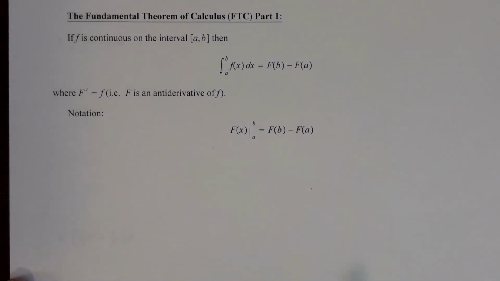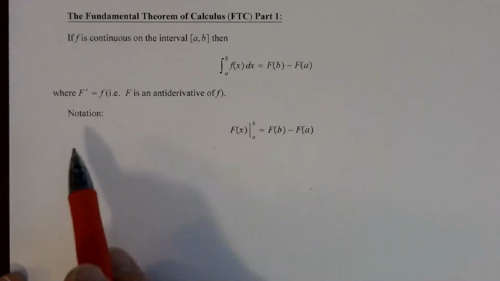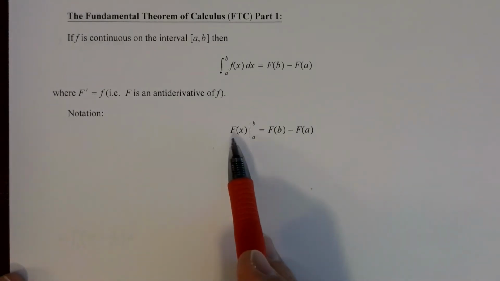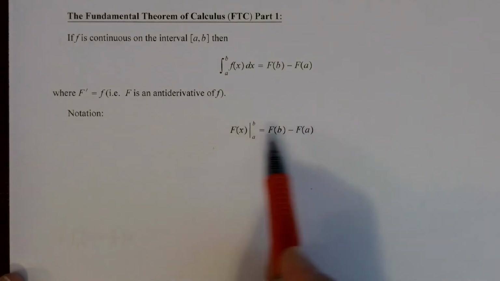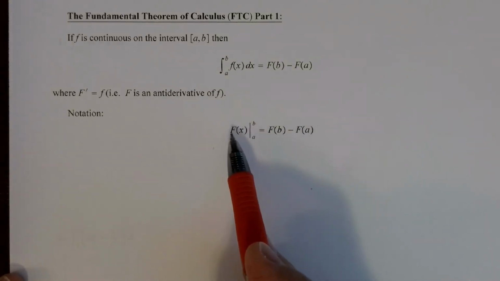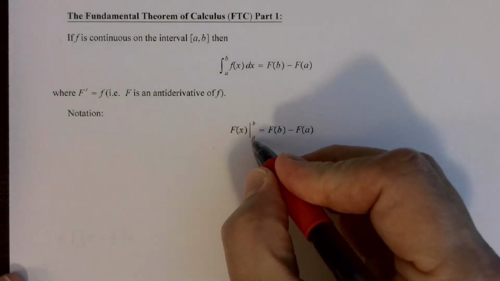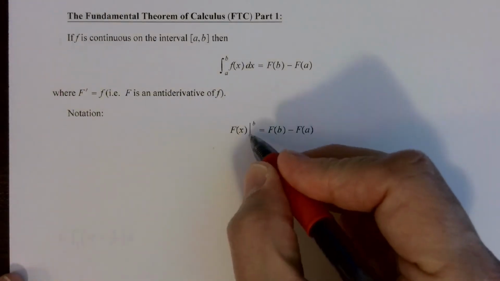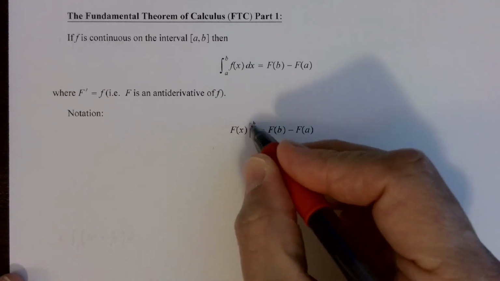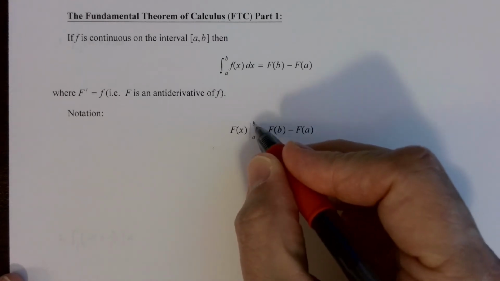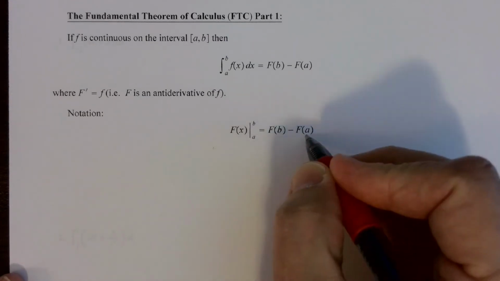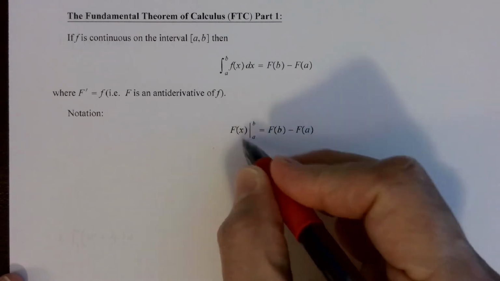It'll be the opposite sign, okay? The notation that we use here is this. For F of b minus F of a, we write the antiderivative, a vertical line, and b and a. This vertical line means evaluated at. So we're going to evaluate it at the upper limit of b, evaluate at the lower limit a, and take the difference. So this is the notation we'll use.